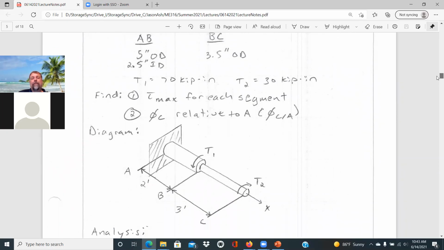We have two torques that are applied. Torque 1 is counterclockwise with respect to the x-axis at 70 kip-inch, and torque 2 would be a negative. It's going in the opposite direction of the positive x-axis, so that would be T2 of 30 kip inch.